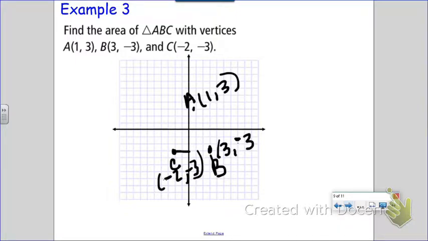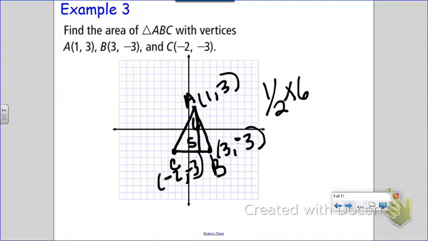Again, if we connect our points, we're going to find the area. We can see that our base is length 5. The height is inside here, 6. Area is 1/2 times base times the height, half of 30 is 15.